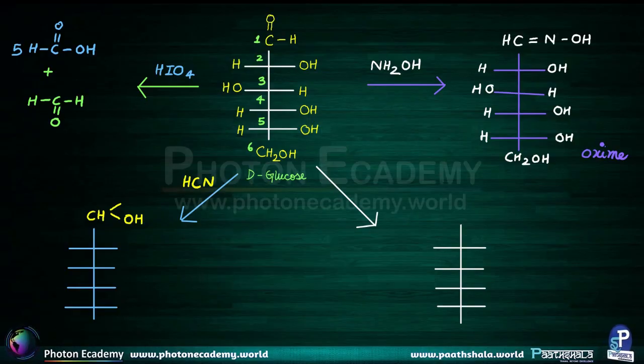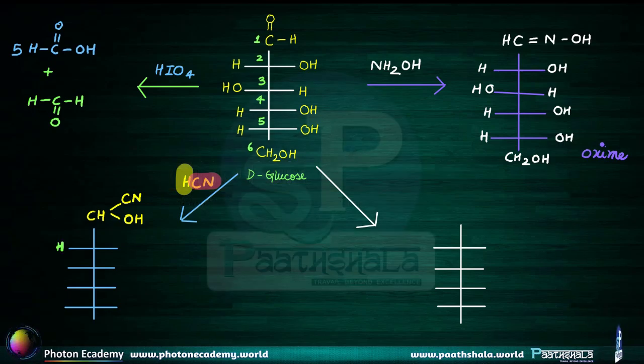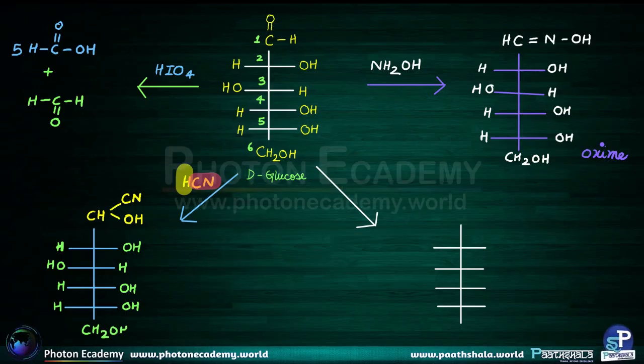This H is from HCN, and the CN of HCN is coming at this particular place. So we are getting this particular compound, and the rest of our glucose is looking exactly the same.